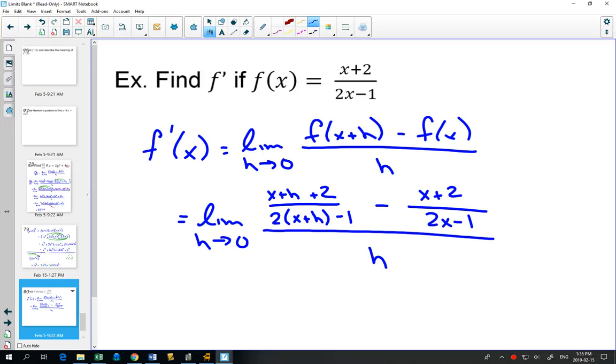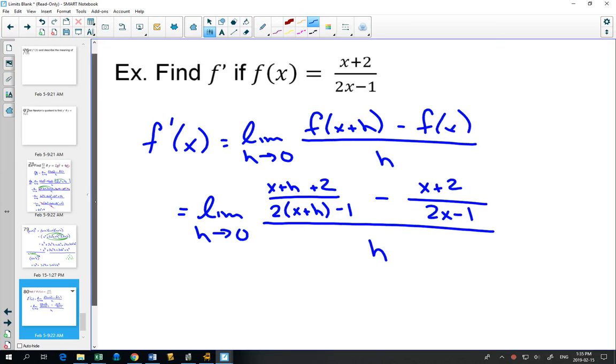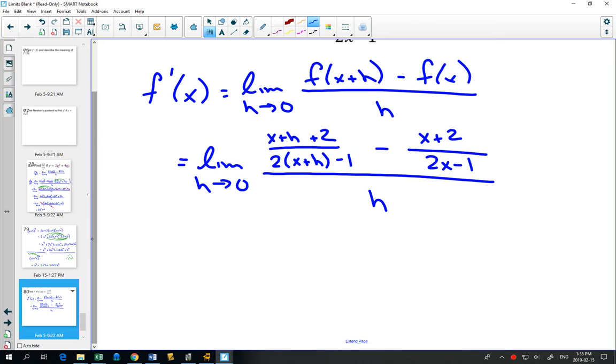So first of all, to get something to be a single fraction, can I make my numerator one fraction? Can I add those together? How do I add and subtract fractions? I need a common denominator. So in my numerator, I've got (2x plus 2h minus 1) and (2x minus 1).